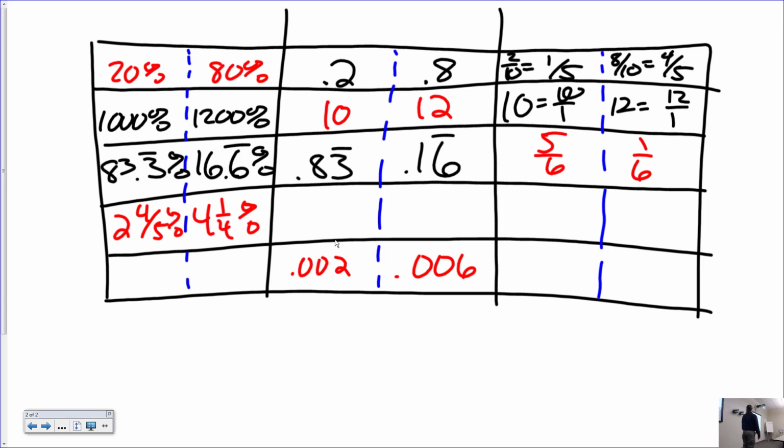The next row, more than 20% of you did it. Is that a good thing or a bad thing? It's a bad thing. So I had a lot of people who looked at this and said, oh, it's 2.8, and wrote down 2.8 for the decimal.